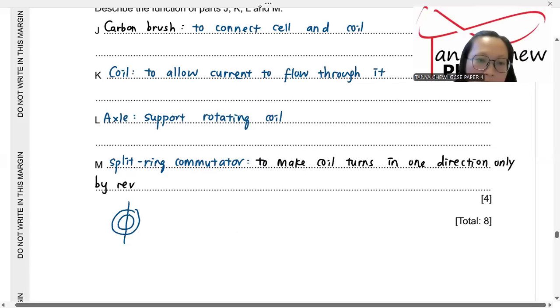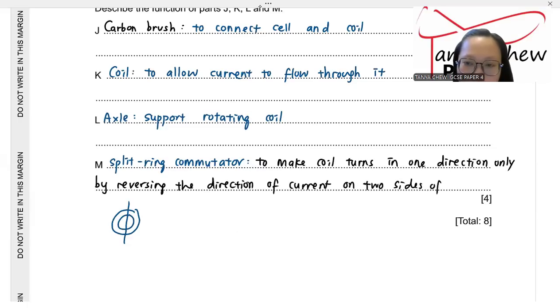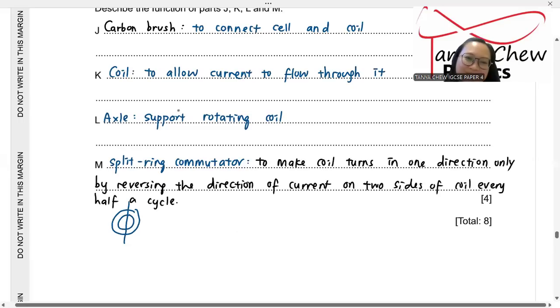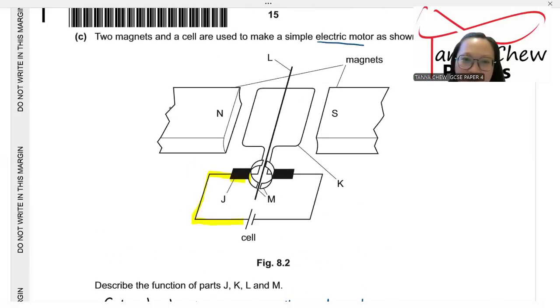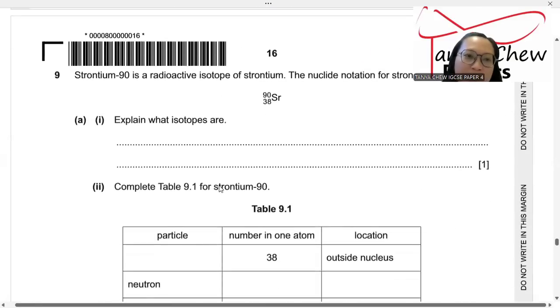I give you extra: by reversing the direction of current on two sides of coil every half a cycle. So you could see that here, there are two different currents flowing in two sides of the coil. So the commutator, when the coil has already turned, will reverse the direction of the current every half a cycle. That's it.